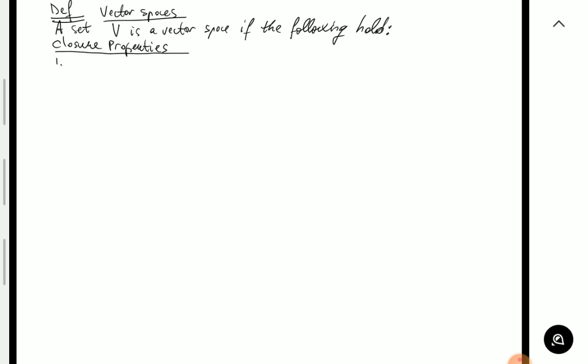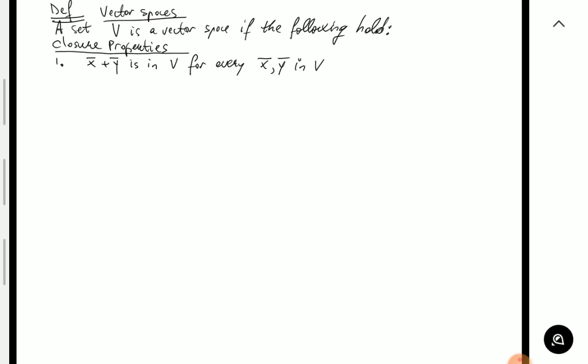The first one is that the sum of two vectors, x plus y, is in V for every two elements x, y in V. So that means if you pick two objects and you add them up, now of course that depends on how you define that vector addition, right?